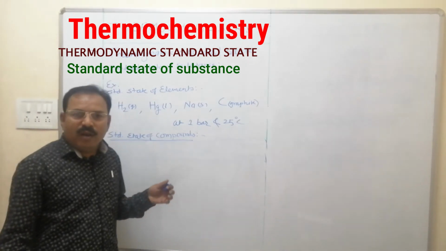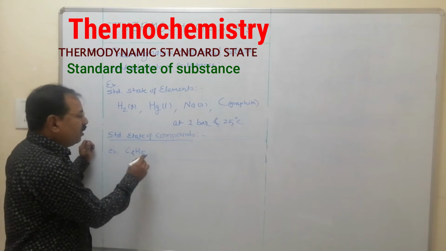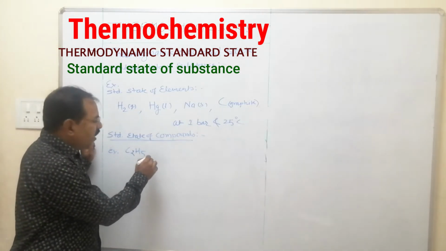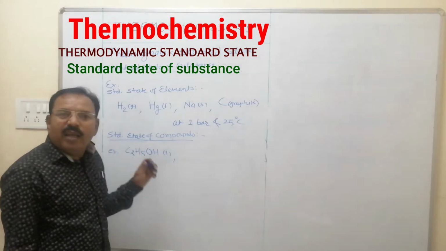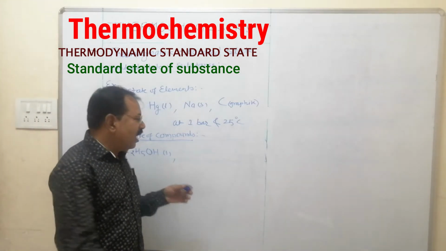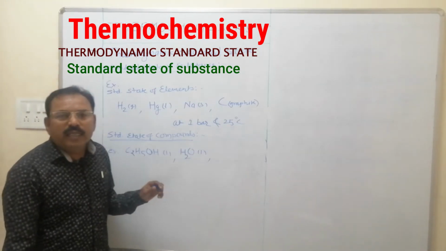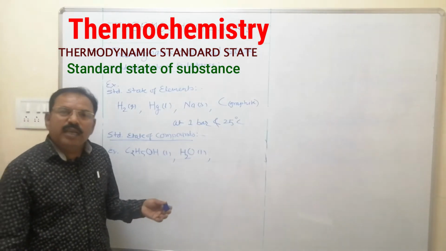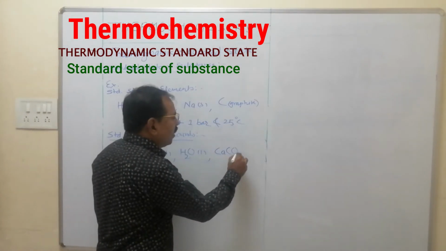Ethanol or ethyl alcohol, having formula C2H5OH. Its standard state is liquid. Water, its standard state is also liquid. Another example, calcium carbonate. Its standard state is solid.